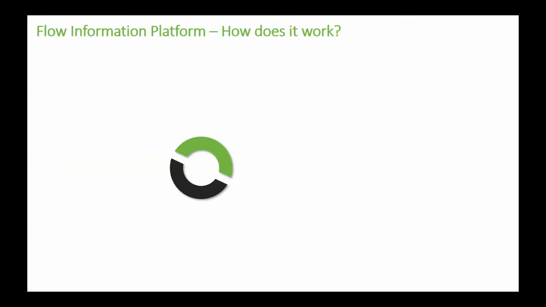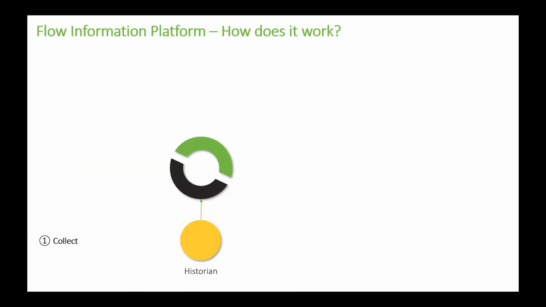Okay, so let me quickly take you through how the information platform works. So in the center here, we have an installation of the information platform. The first step is to connect to and collect your data from your data sources.